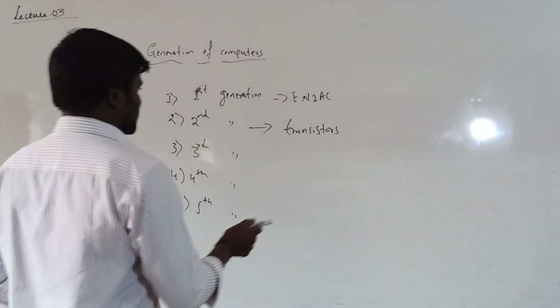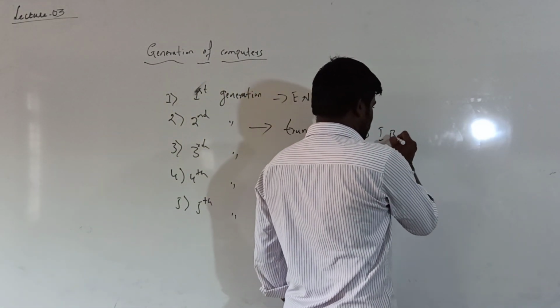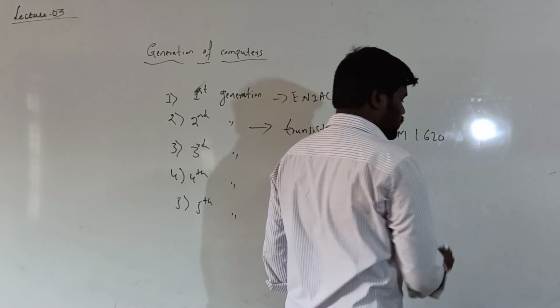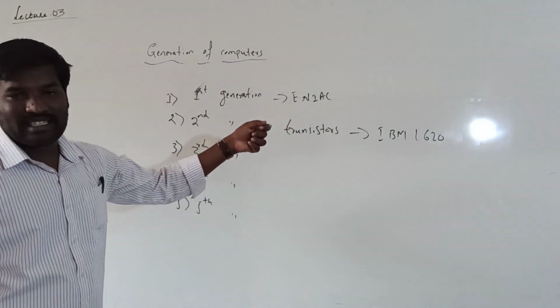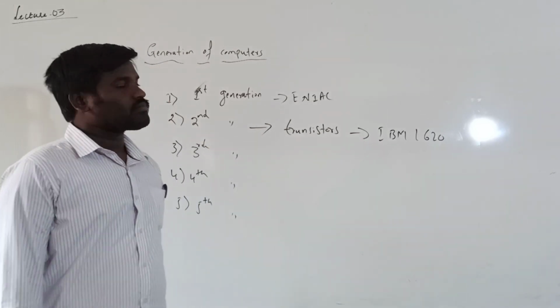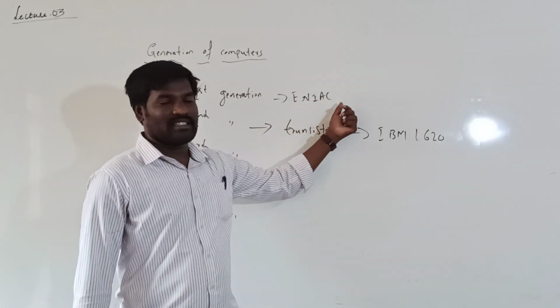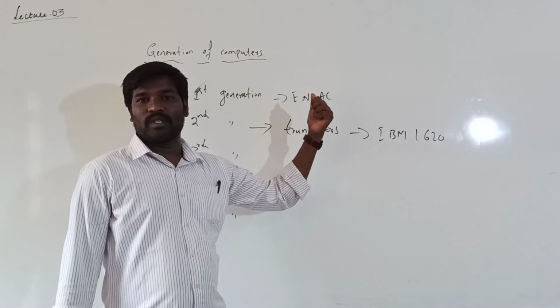The example for second generation computer is IBM 1620. So this is the second generation computer name, and ENIAC is the first generation computer name.